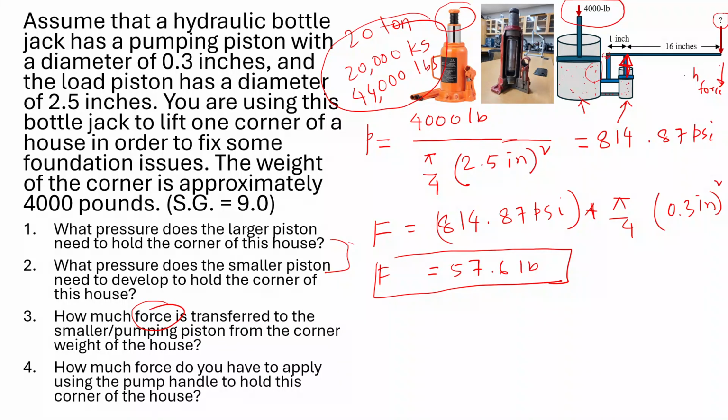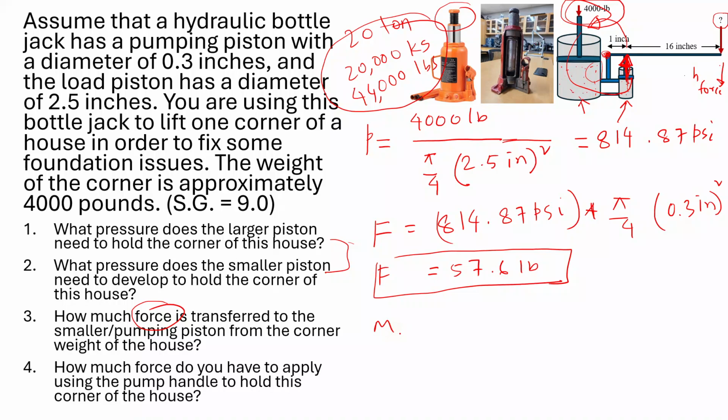And if this is a lever, all cylinders typically use some kind of lever. So this is the fulcrum or the pivot point. So if you take moments with respect to the pivot point for this force, the 57.6 pounds, translated from this 4,000 pounds into this small cylinder, will do a counterclockwise moment, which is positive.